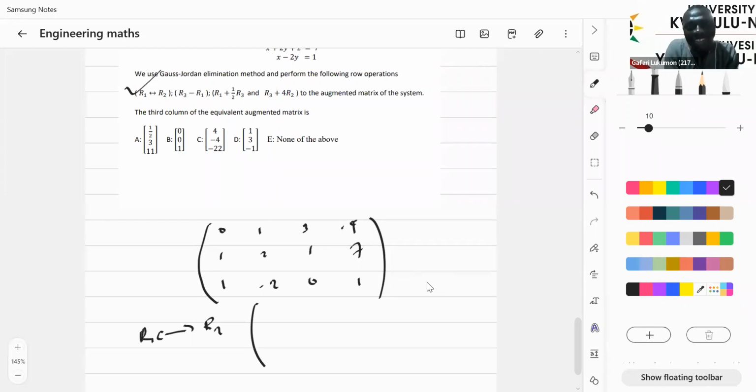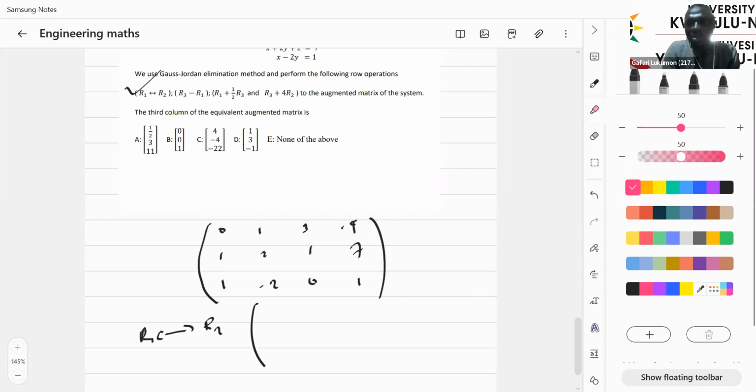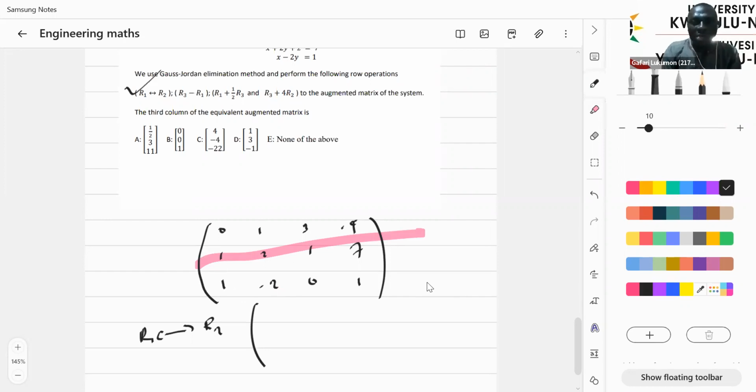Then they suggested we interchange row 1 with row 2. That is, bring this row to the position of row 1, and the second row like that. So that's going to give me 1, 2, 1, 7, 0, 1, 3, -4. Does that help?